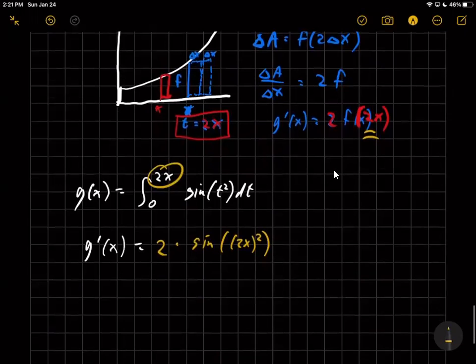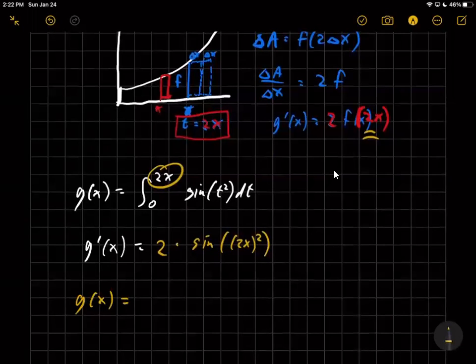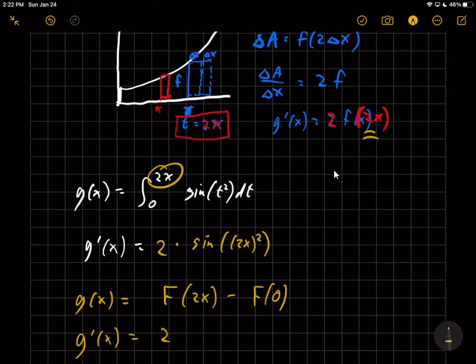If we want to work it through the notation, g of x is equal to, I'm going to skip down, big F at 2x minus big F at 0. And when we go to take the derivative of that, we have to chain rule the 2x, take the derivative of 2x, which is 2, so 2 f prime of 2x minus 0.